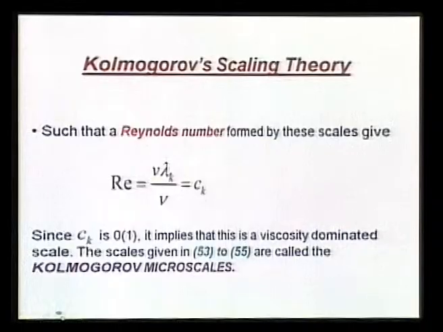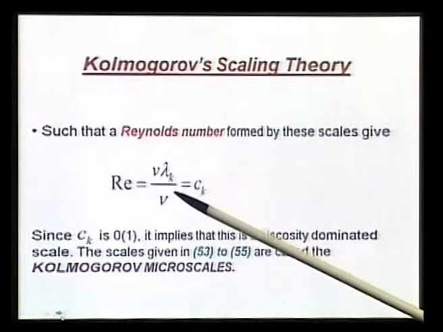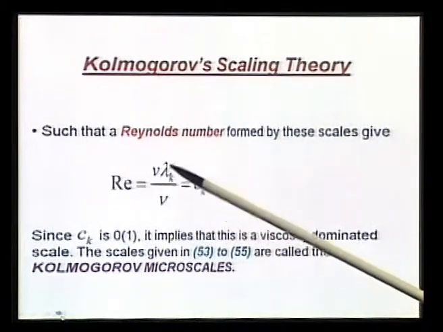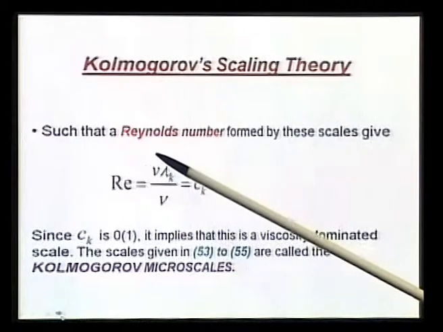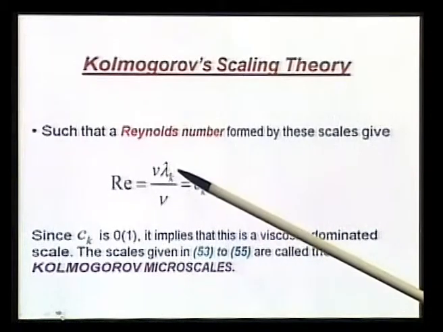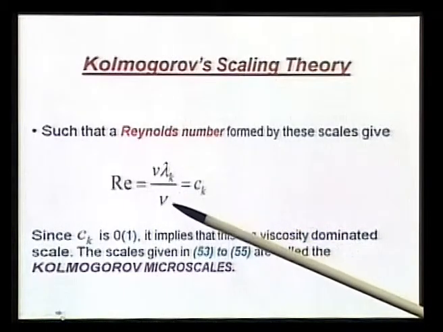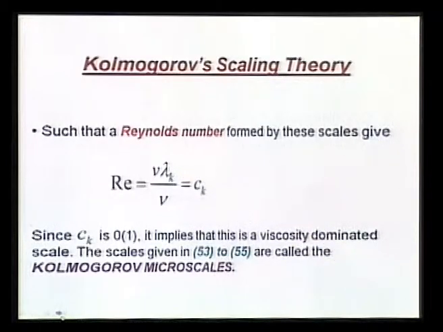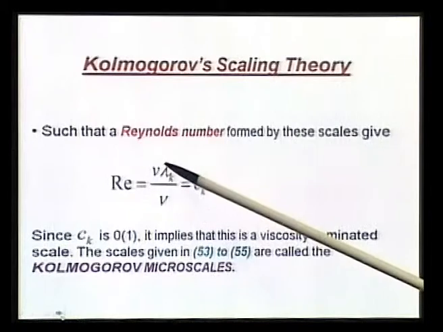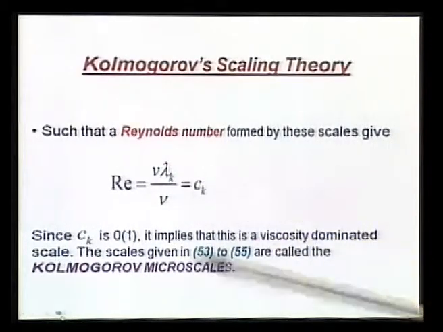This Reynolds number is not the flow Reynolds number. This Reynolds number is the one where I have taken a velocity scale which I am calling v, the length scale as lambda k, and this is nu. And the velocity scale we have seen in the previous slide. We have seen what the lambda k scale is, substituted there, and then we get this.